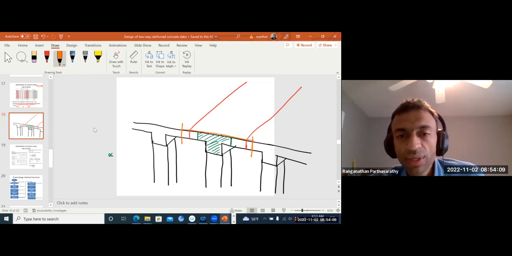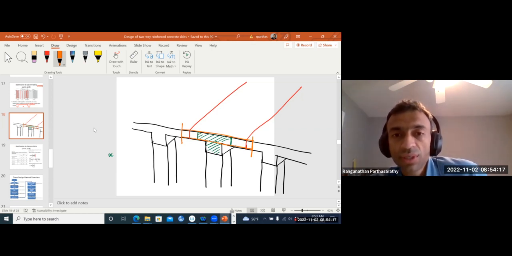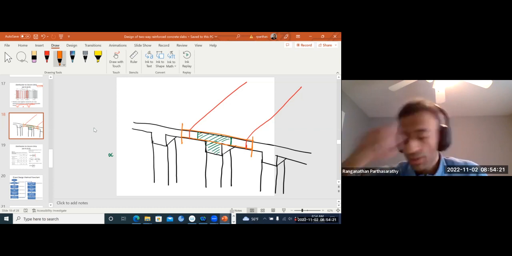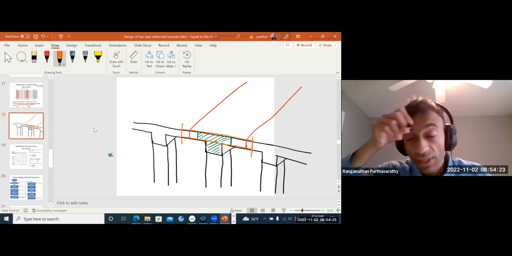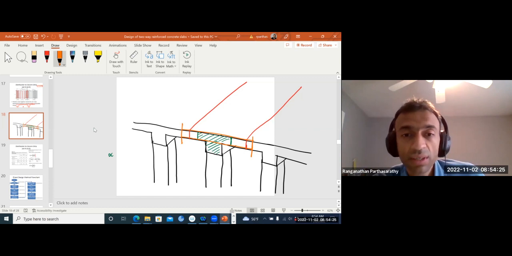If you're doing bending in the long direction, then the span in the short direction becomes the slab width. So you will take that as B for BH³ by 12.